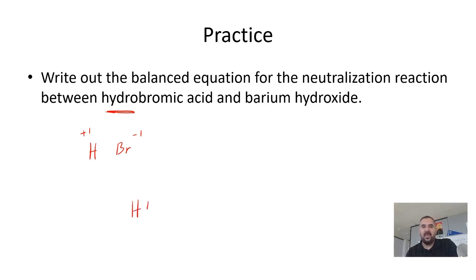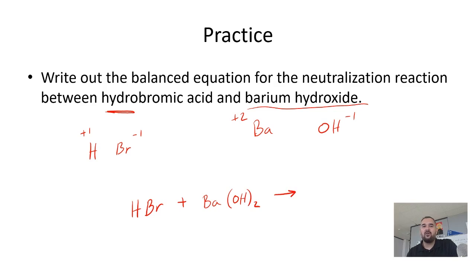So it's going to be HBr plus barium hydroxide, that's going to be Ba, which has a charge of +2, and then OH, which has a charge of -1. So how many hydroxides for every barium? 2. So it's going to be Ba(OH)2. Now you have a balanced equation.